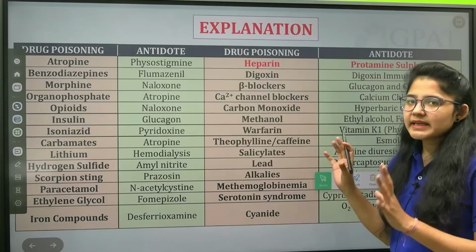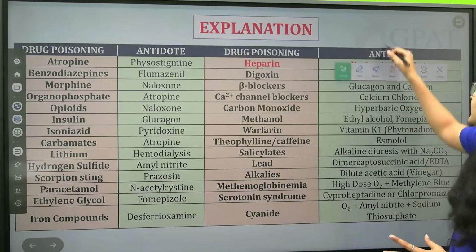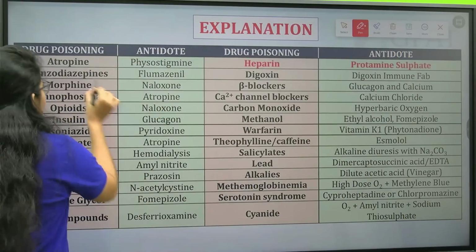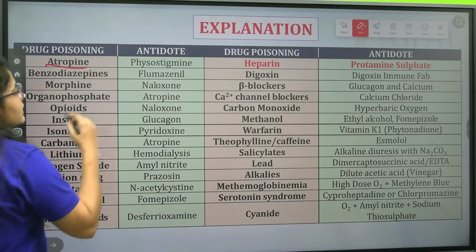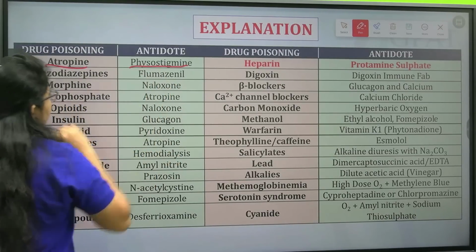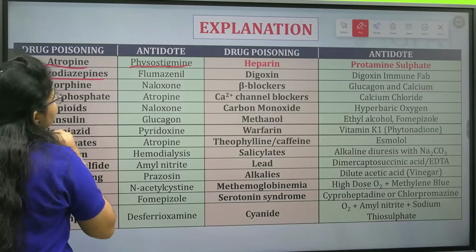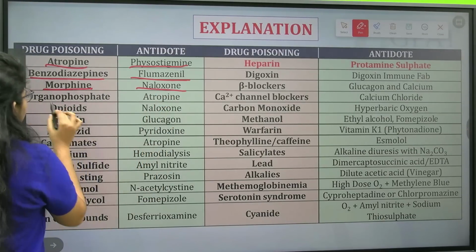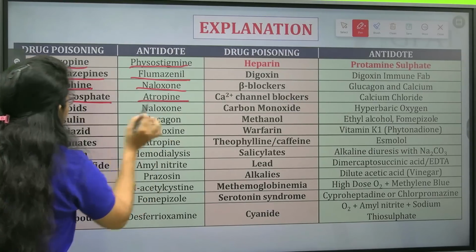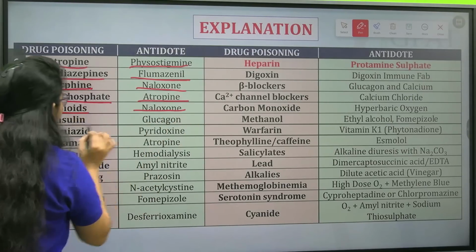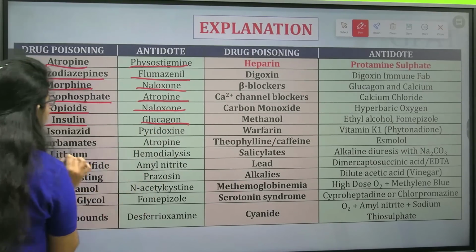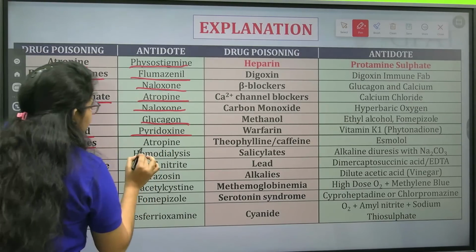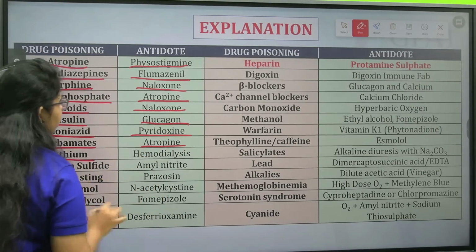Let's just see a table, and it is very important. Just try to remember. Okay? Atropine poisoning is treated by physostigmine, benzodiazepine by flumazenil, morphine by naloxone, organophosphate by atropine, opioids by naloxone, insulin by glucagon, isoniazid by pyridoxine, carbamates by atropine, lithium by hemodialysis.